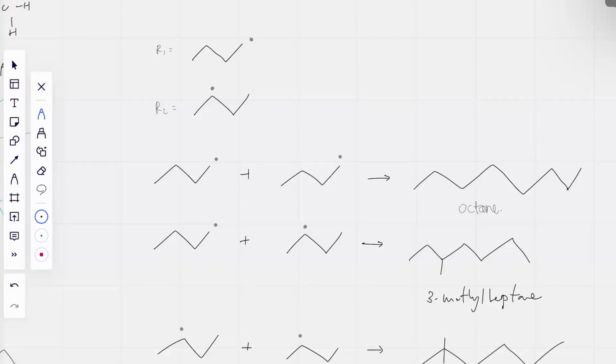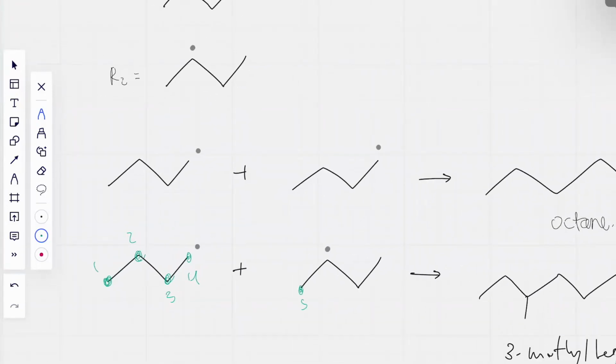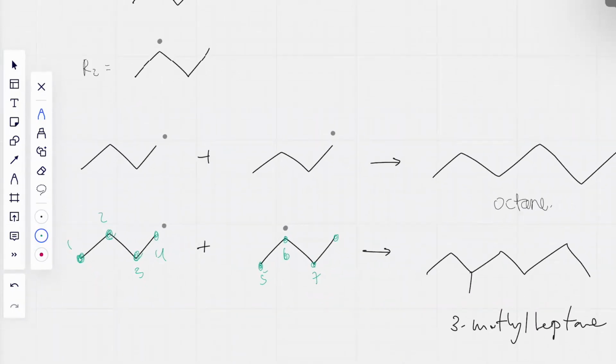Like that. This thing is also wrong. Oh, you number it: 1, 2, 3, 4, 5, 6, 7, 8. So number 4 is connected to 6. 1, 2, 3, 4.